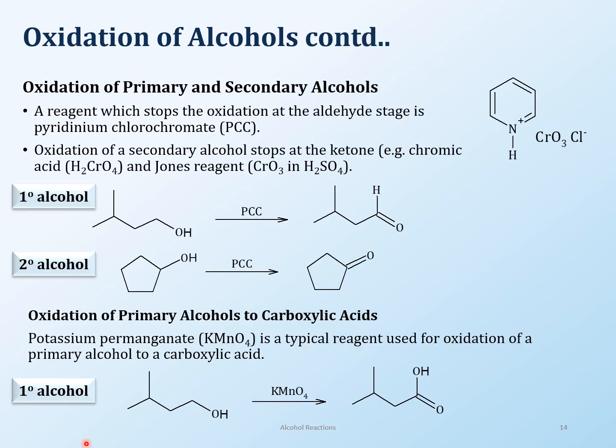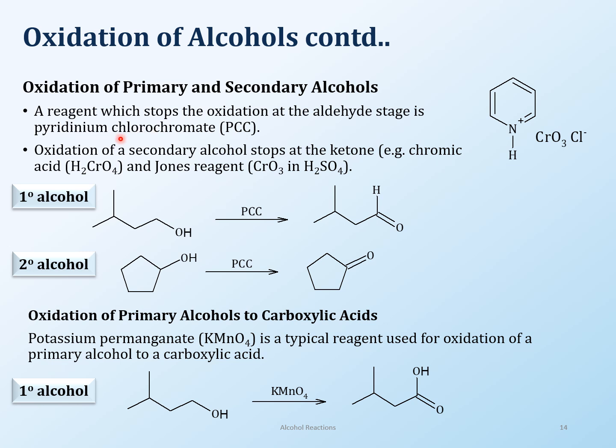Let's look at the reagents you're going to use now for doing any kind of oxidation. First of all, remember, you need two different kinds of oxidizing agents, a weak one and a strong one. So here is the weak one. This weak one is called PCC, pyridinium chlorochromate. That's the structure. You can say PCC, that's the easiest way to use this name.